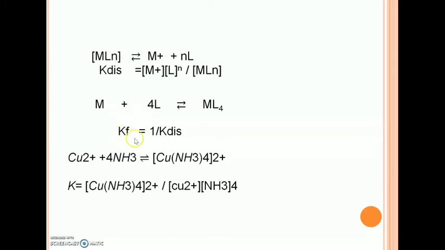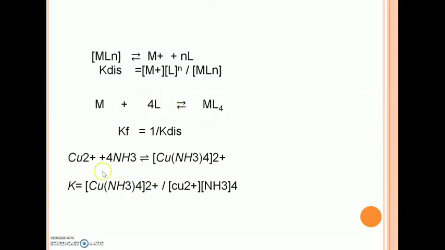Therefore, the formation constant and the dissociation constant are inversely proportional. If Kf, that means the stability constant, is higher, there is higher stability of the complex.